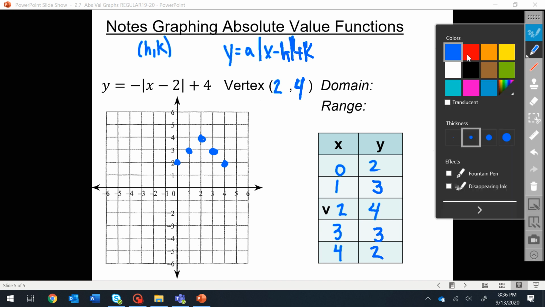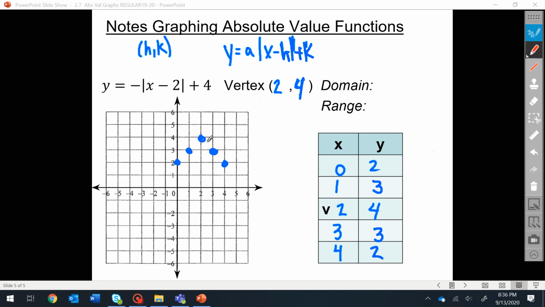And we can see we have our absolute value function, it looks like this. Alright. Our domain is all real numbers, and our range is everything below the vertex, which is 4. So y is everything less than or equal to 4.